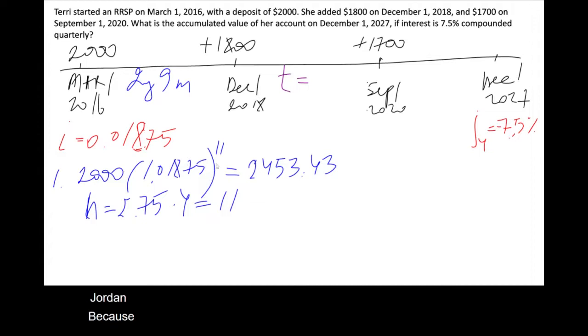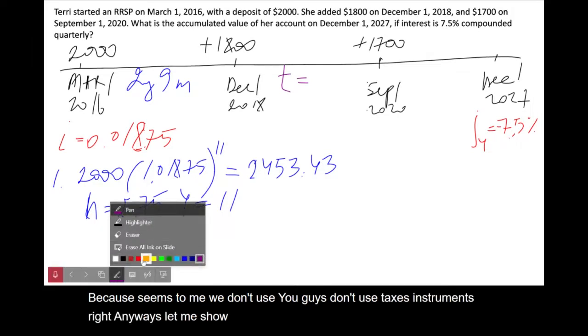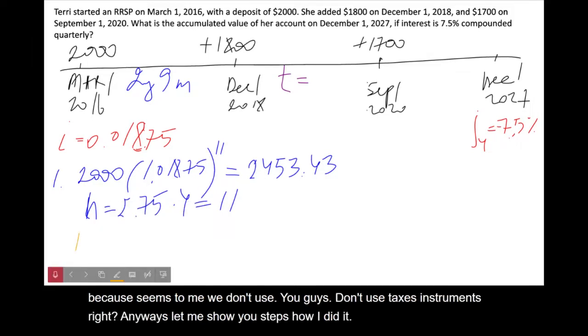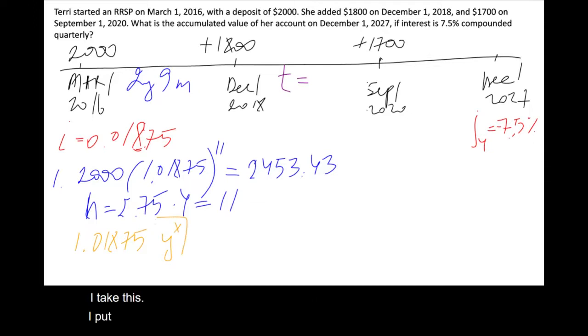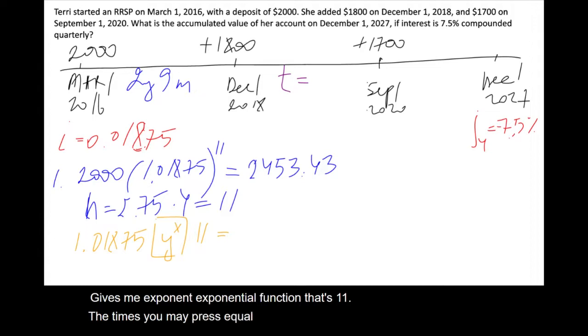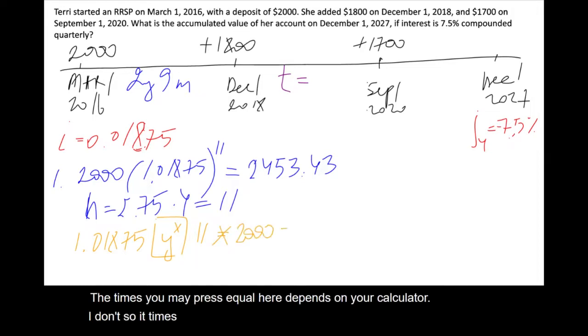It seems to me you don't use Texas Instruments, right? Anyways, let me show you the steps. I take this, I put the button for exponential function, that's 11, then times 2000 equals.